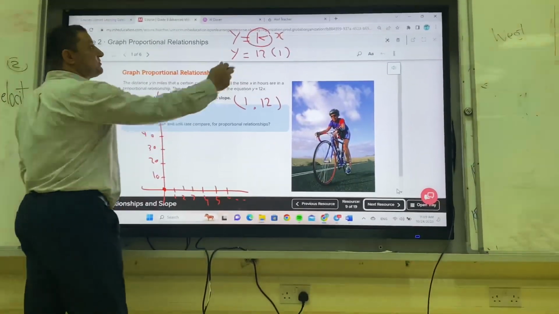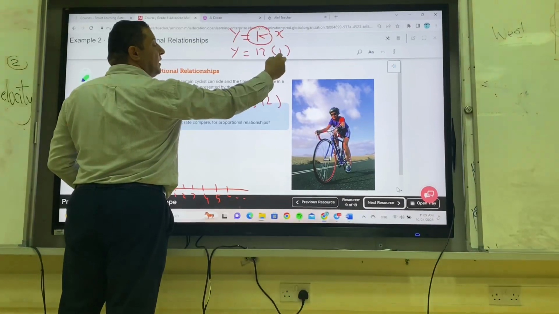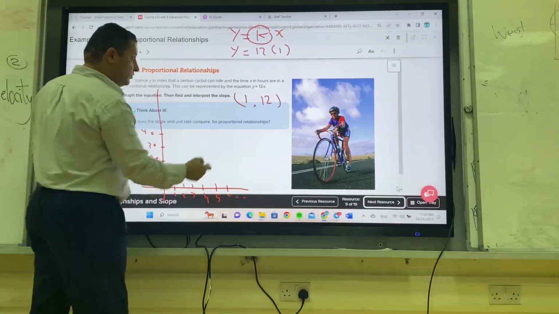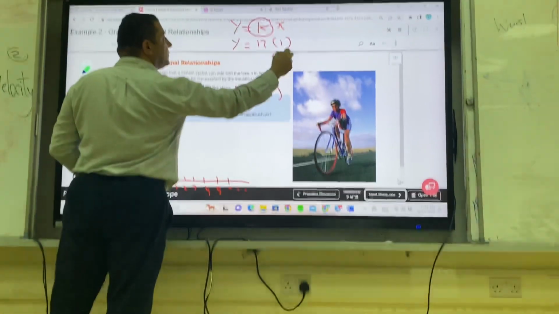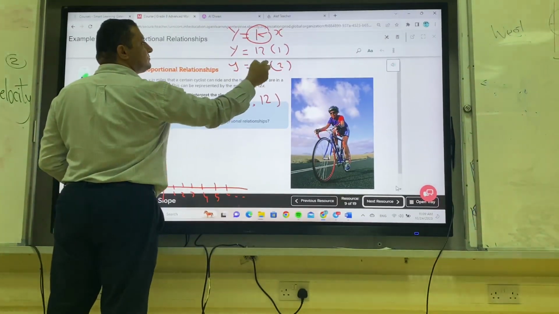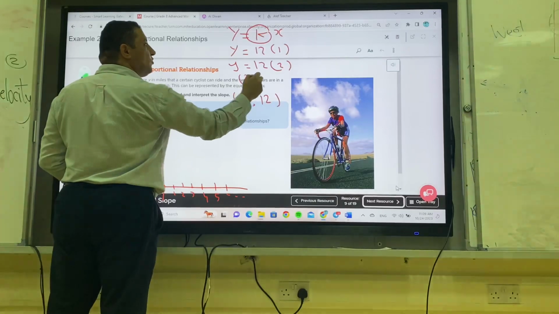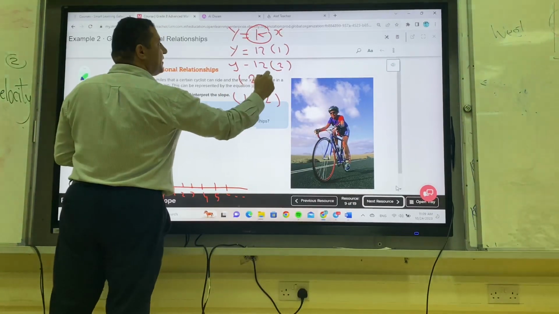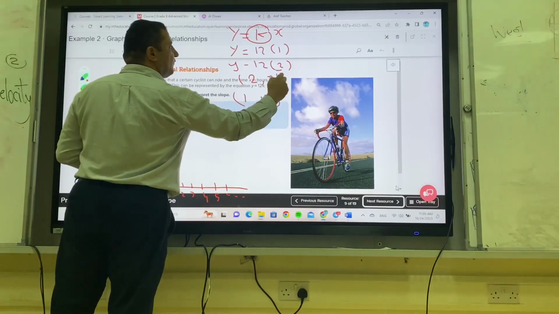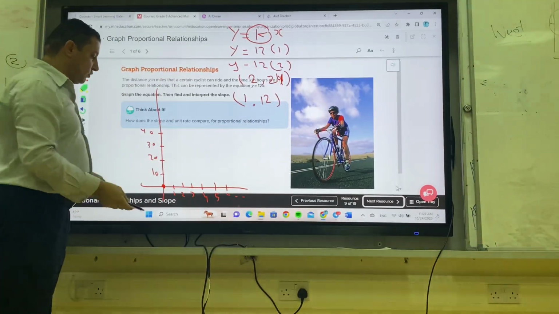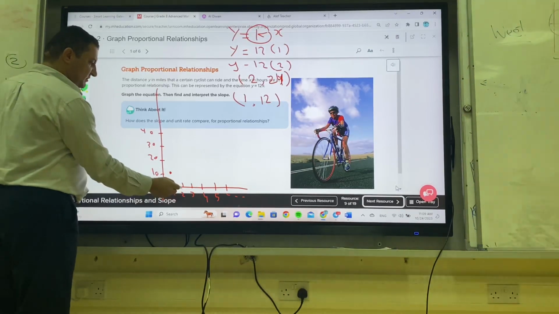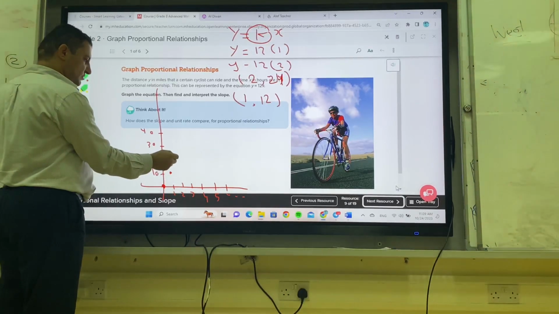Now suppose I substitute x with any other value. Who can give me a value? Let's say 2. Then y equals what? 24. So if x is 2, y equals 24, and this is the second point. I'm going to plot it here, somewhere here.